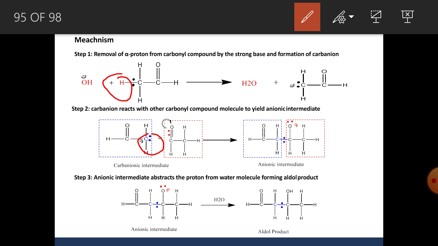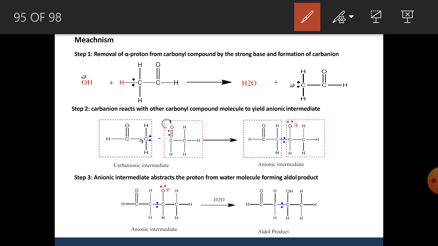Because there is abstraction of this proton, and the covalent electrons shifted onto this carbon. So one carbon is electron rich while the second carbon from acetaldehyde is electron deficient. So there is formation of a new bond between the electron deficient carbon and the electron rich carbon. But simultaneously, as this oxygen pi bond breaks, it becomes electron rich. So this oxygen has to be neutralized. So this oxygen takes a proton from a water molecule and converts into OH.